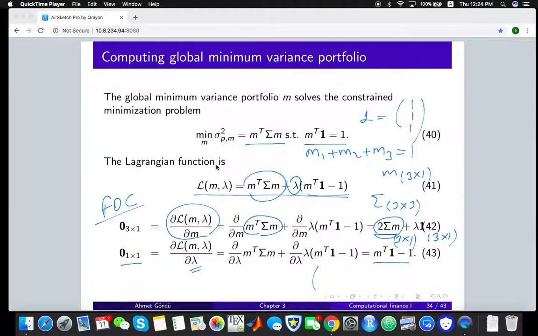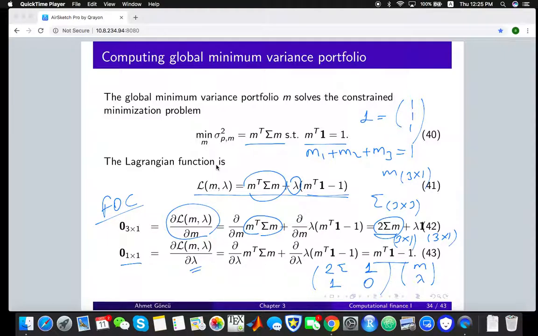This can now be written as 2 sigma, and then this vector of 1s, so basically I am writing my m. 2 sigma is multiplied by this m, and then I have this 1, and my next term is this lambda. Notice that this is a vector of 1s. Then I have this vector of 1s, and I have no lambda term in the second equation, so I can write 0.